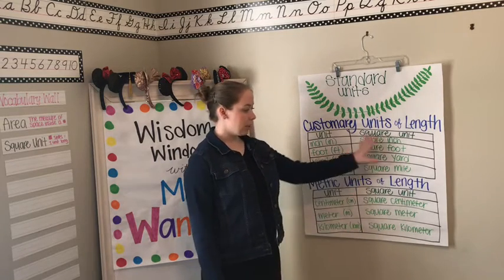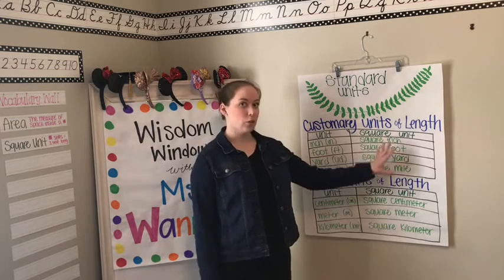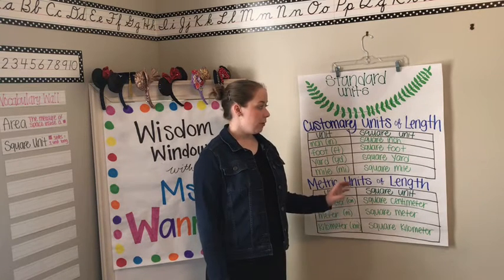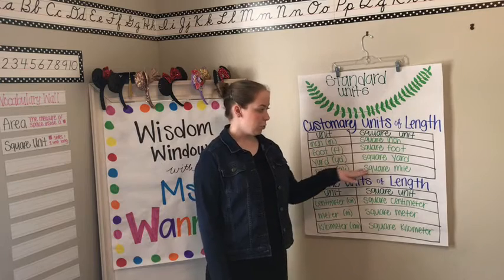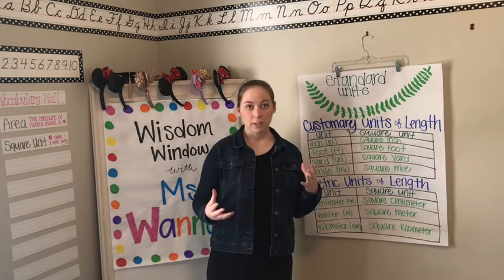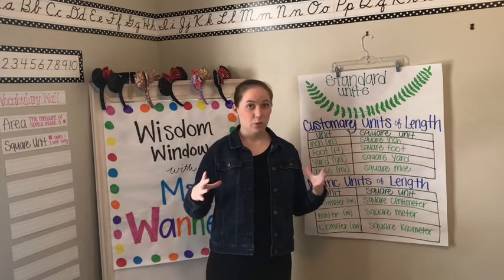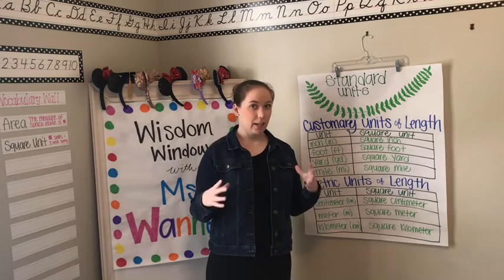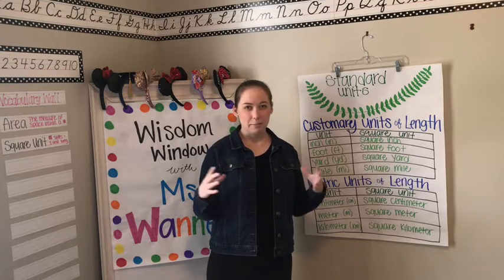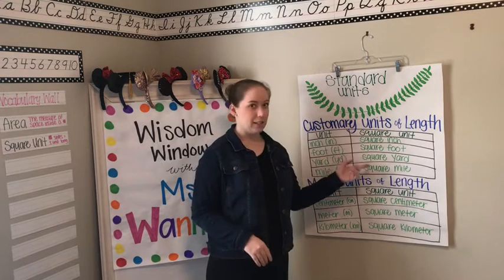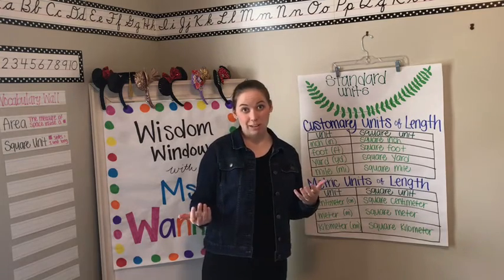Okay, remember when we look at these square units, this is how we measure area. So depending on if you have a square inch or a square mile, you're going to have different units of measurement. They're going to be different sizes. So it's really important to understand what's realistic in measuring different items so you can make those connections between the units and the objects you're measuring.